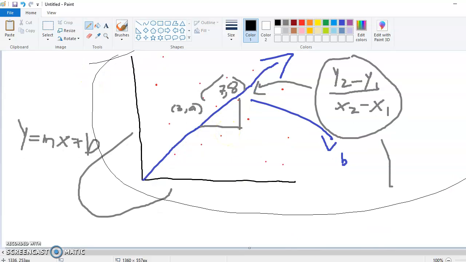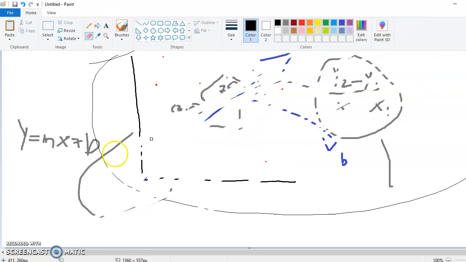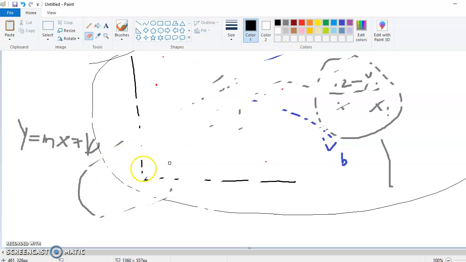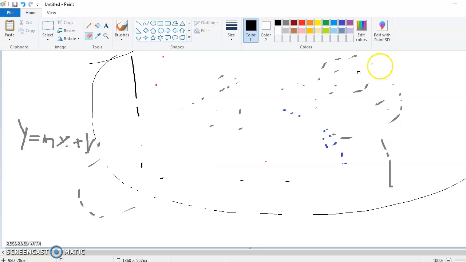If we're in an application like TensorFlow, which I will get into, we're going to be in something called 3D space. The difference is we're going to be using vectors, and instead of just an x and a y coordinate, we're going to have an x, a y, and a z coordinate.